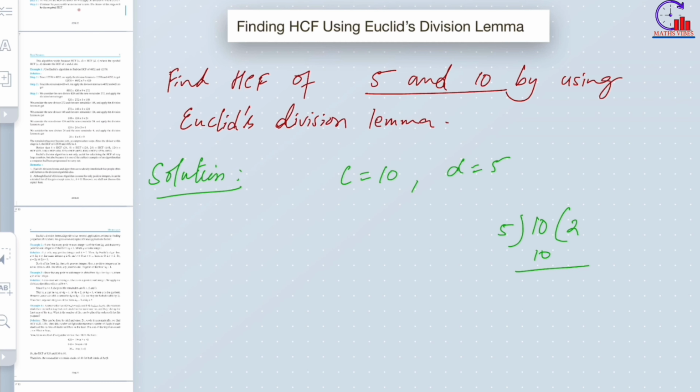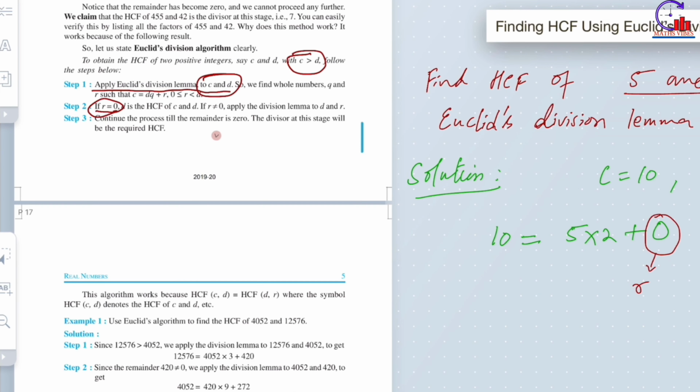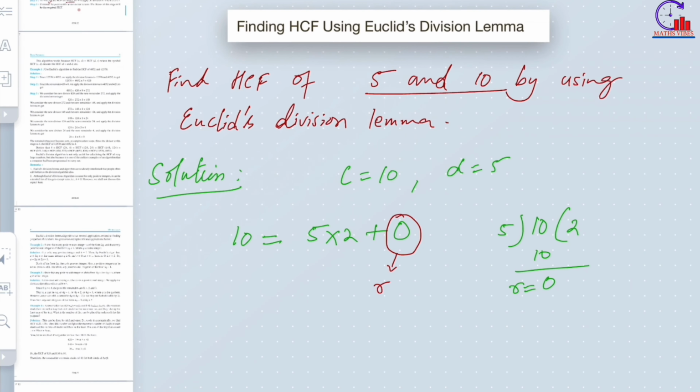We can write 10 is equal to 5 into 2 plus 0. Here the remainder R is 0. So in the process of finding the HCF by Euclid's division lemma, if the remainder is 0, then the HCF of C and D is D itself, right? Here the value of D is equal to 5. So the HCF of 10 and 5 is 5.